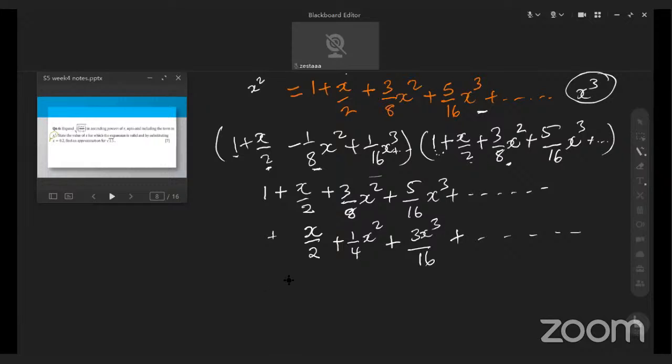Now we are to get negative 1 over 8x squared times 1. And we get negative 1 out of 8, yes, x squared. Then plus we get the 1 out of 8x squared, which is a negative. We multiply it with x over 2.